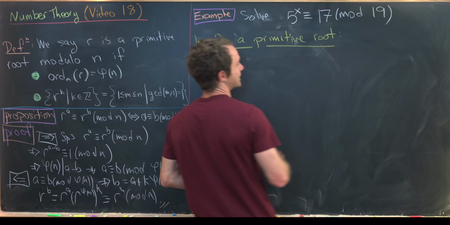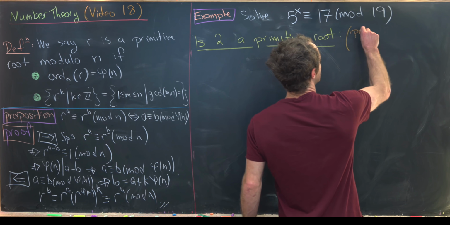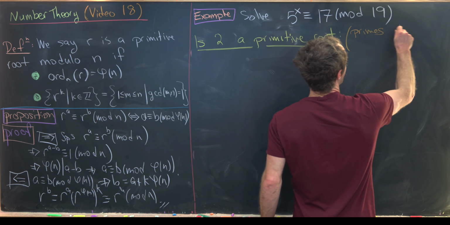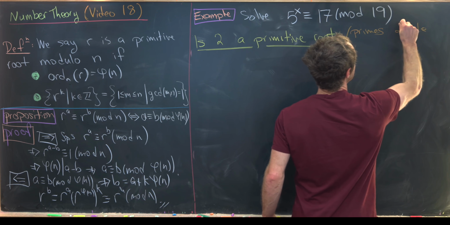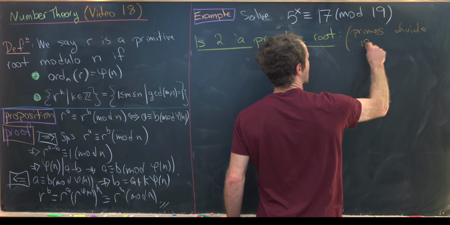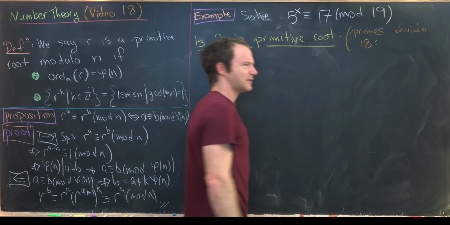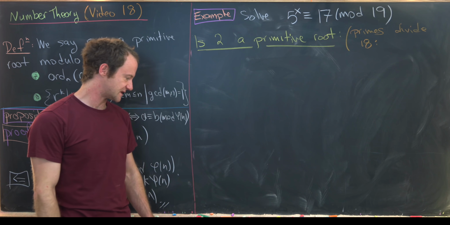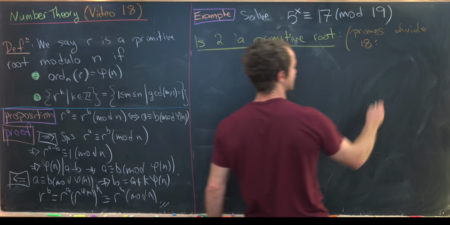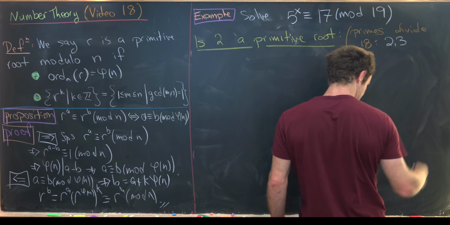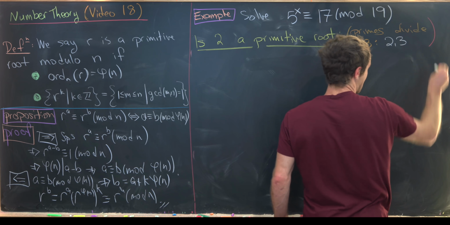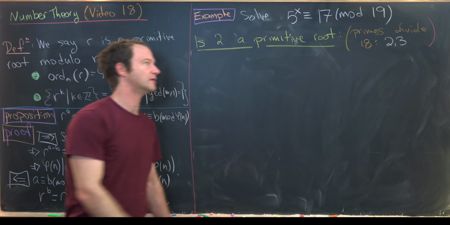So I first want to notice that we need to look at the primes that divide phi of 19, or 18. And that's by our test for primitive roots that we talked about in our last example. There are only 2 primes that divide 18, and those are 2 and 3.